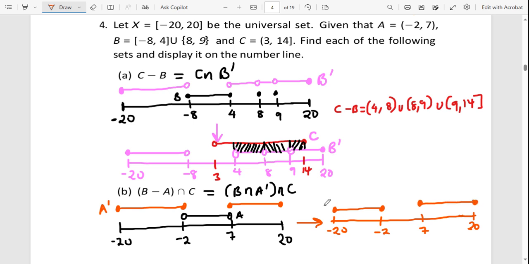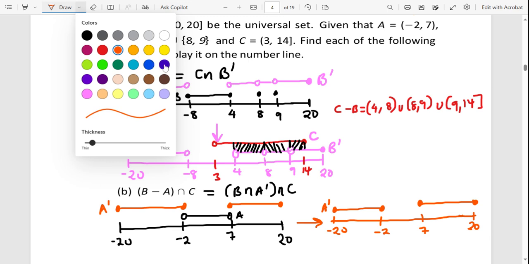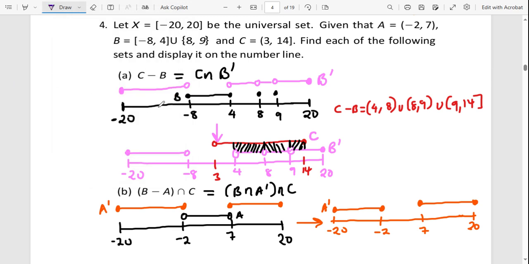So remember, this is A complement. We want where it is intersecting with the set B. The set B is from -8 up to what? Up to 4.